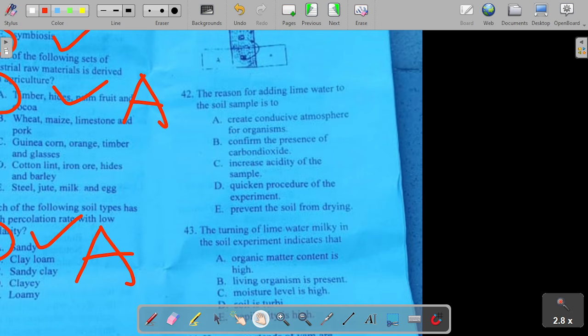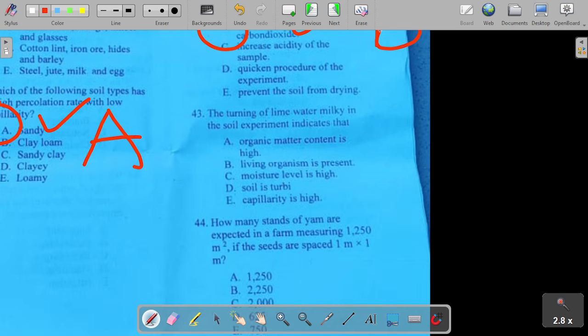If you are a chemistry student, you know that to test for carbon dioxide in the soil. 43. You say the turning of lime water milky in the soil indicates the presence of organic content is high. Yes, organic matter content is high.